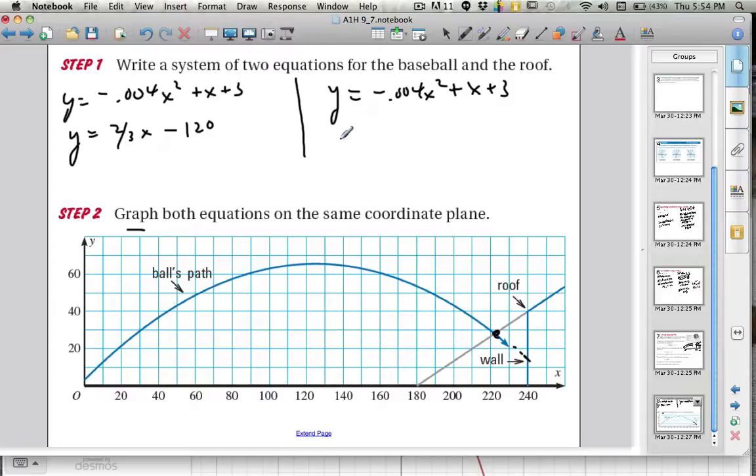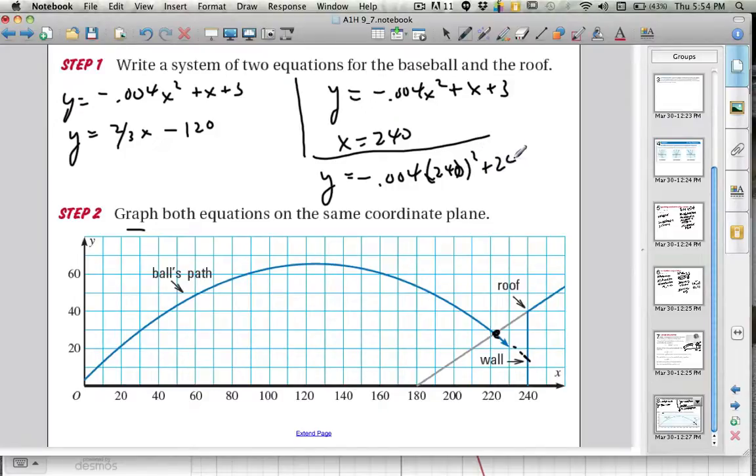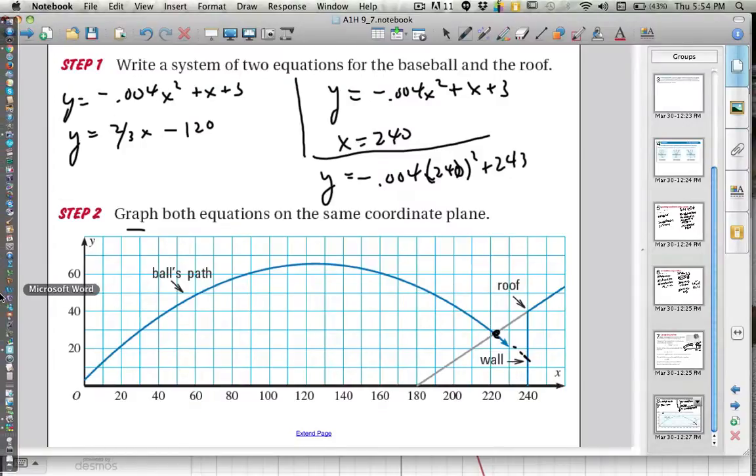And the wall is x is equal to 240. If I go ahead and plug that in and solve the system, y is equal to negative 0.004 times 240 squared plus 240 plus 3, which is, that's 243.